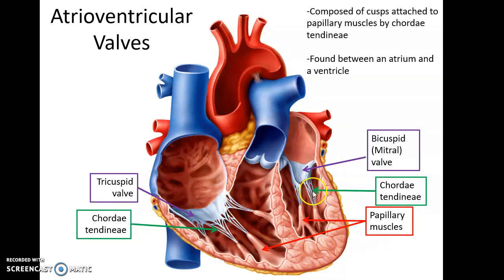So the chordae tendineae, tendinous structures connecting the leaflets or cusps of the valves to the papillary muscles on the walls of the ventricles. And these are important because they prevent the valves from inverting. So the valves, when the pressure builds in the ventricles, will close but not invert, thereby preventing blood from backing up into the atria.